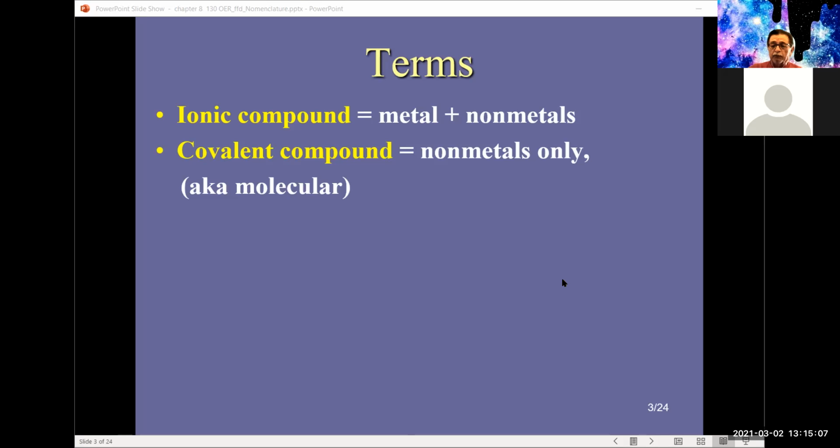Why is it important? For multiple reasons, but with respect to covalent compounds, like we mentioned carbon dioxide, CO2, notice there's a prefix, di, meaning two oxygens, carbon dioxide.